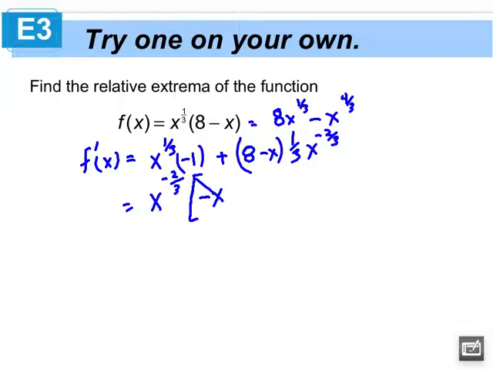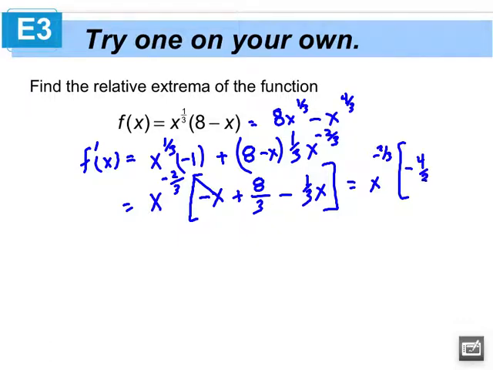This whole thing's out in front there, so plus 8/3 minus 1/3 x. I distributed it after I got rid of the x to the 2/3, which is x to the negative 2/3 times negative 4/3 x plus 8/3.